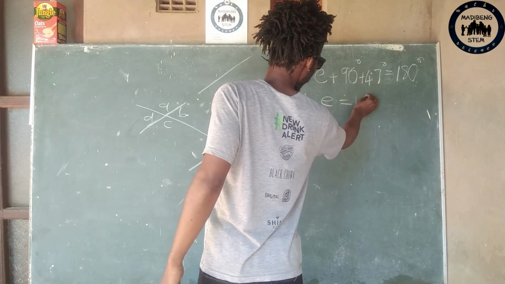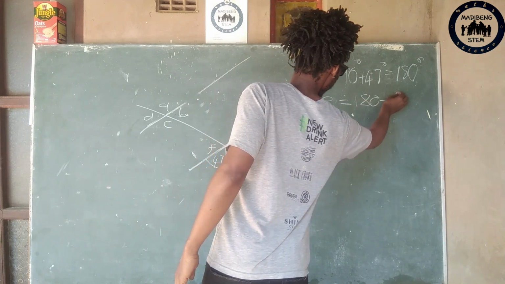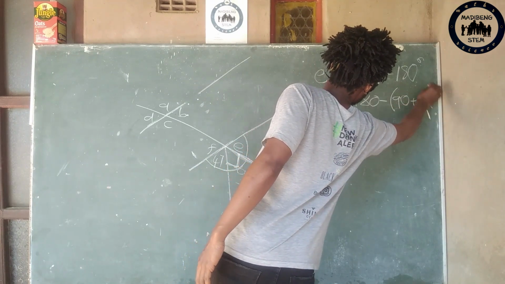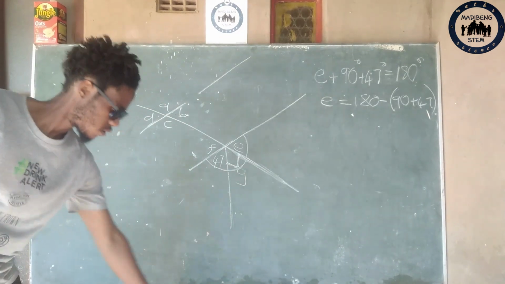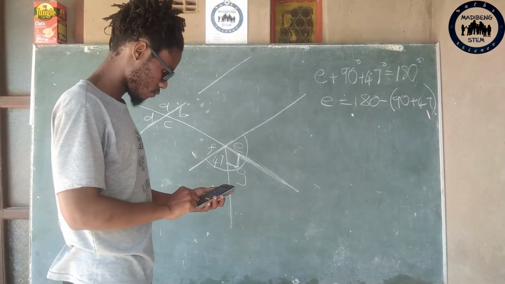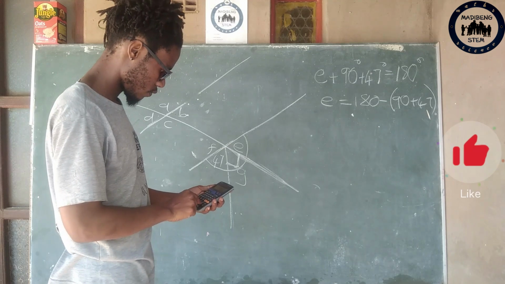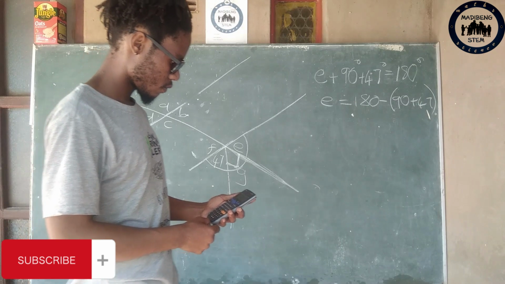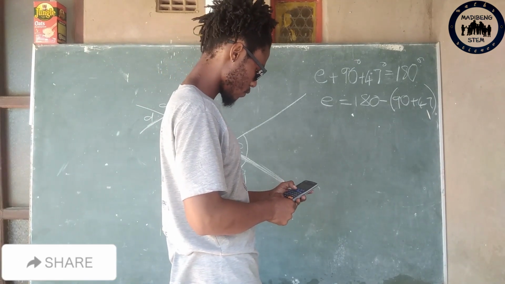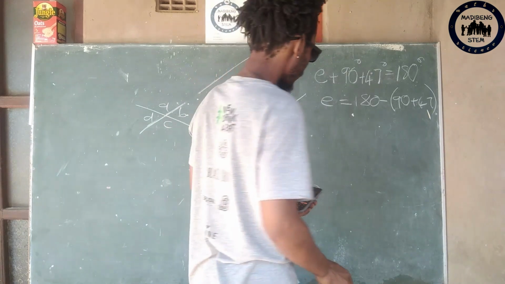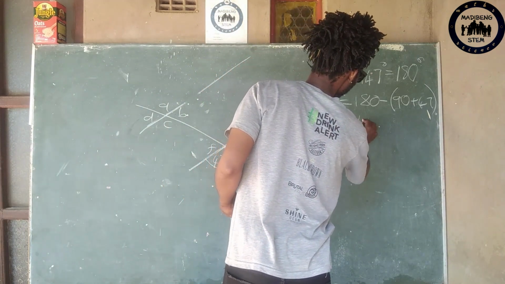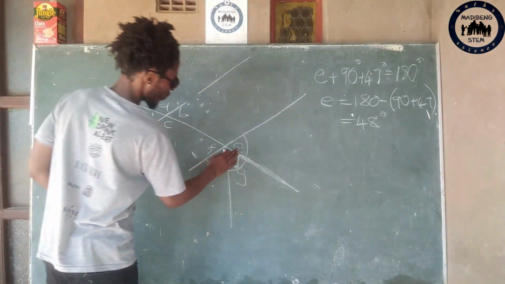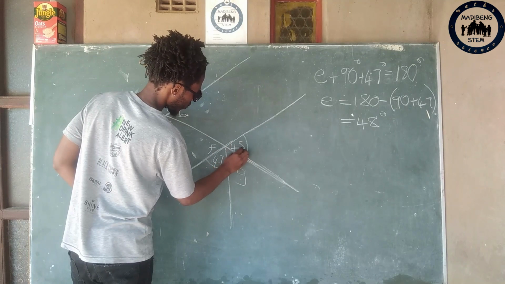It is equal to 180 degrees minus the sum. E is 48 degrees. So here is 48 degrees.